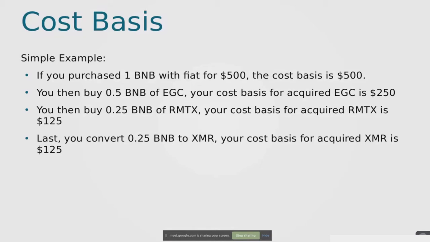The cost basis will always be the cost basis, but it gets more complex when you have BNB accumulated from different cost bases. Am I reflecting on what you said, or did I get that wrong?